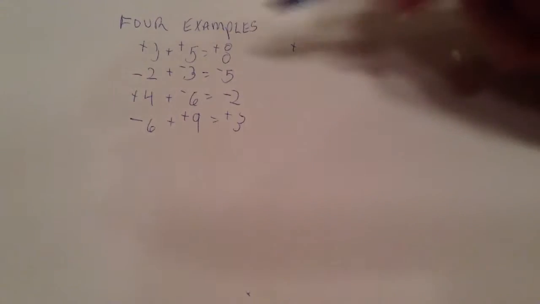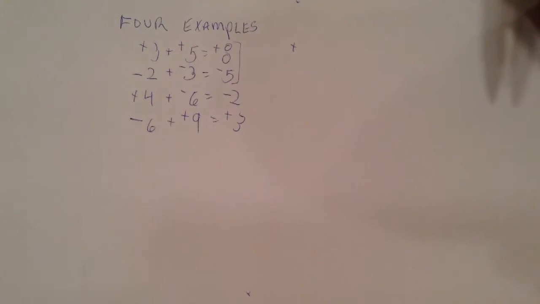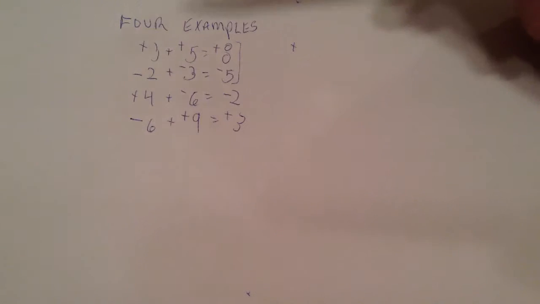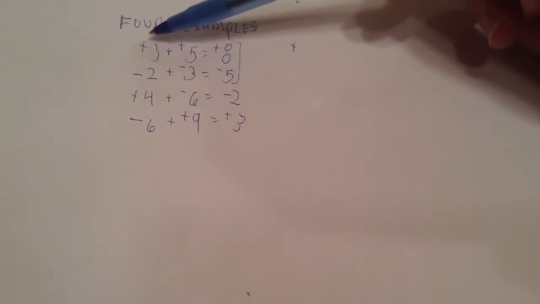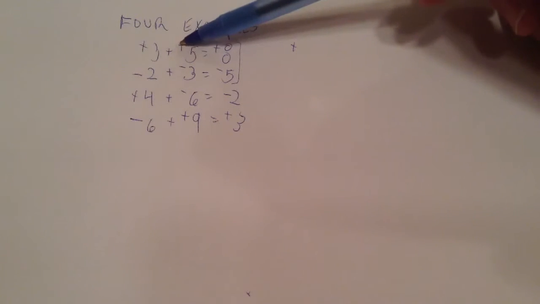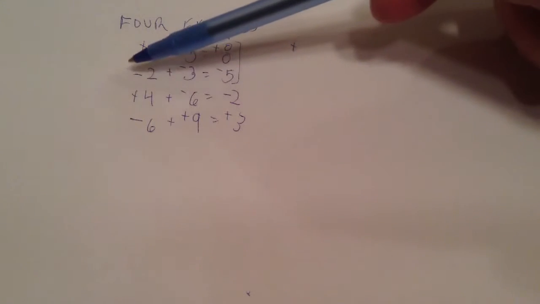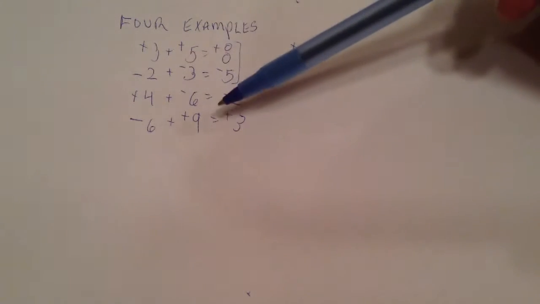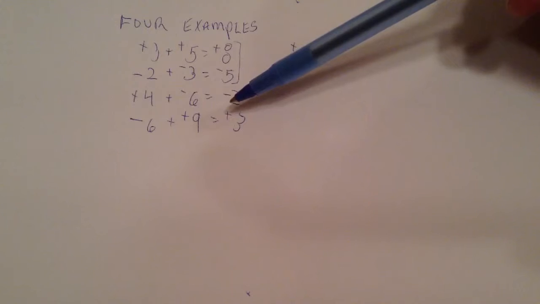First of all, if you look here, the integers that we add have the same signs. Positive plus a positive, and we get a positive. Negative plus a negative, and we get a negative.